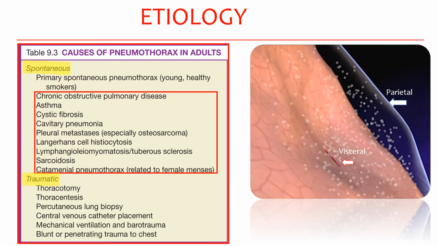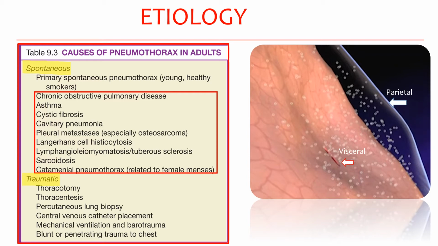And when you place a central line, the pneumothorax may not show up immediately, and the patient may actually deteriorate after 24 to 48 hours. So one should be aware of this, and do get an X-ray after doing a central line, and suspect it if the patient deteriorates after even 24 to 48 hours.